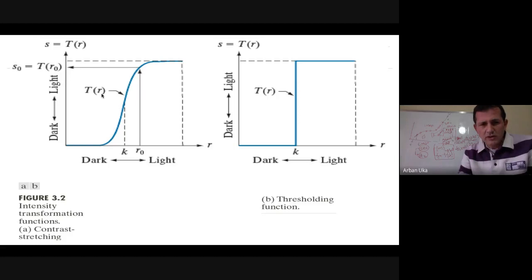You look at the Y value which corresponds to K, and it's a value somewhere in the mid-range of the Y-axis. And R0 is projected to S0, which is equal to the transformation function T(R0). What looks like a small delta X in the R domain is a huge delta Y on the Y-axis. So we have stretched the pixel values.